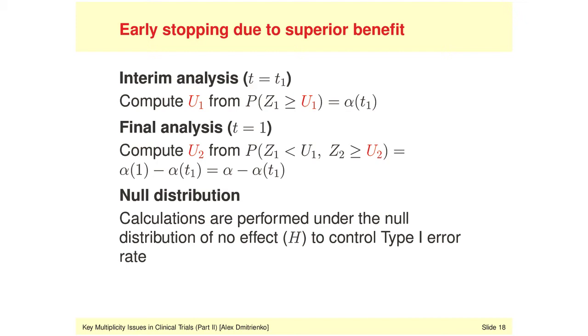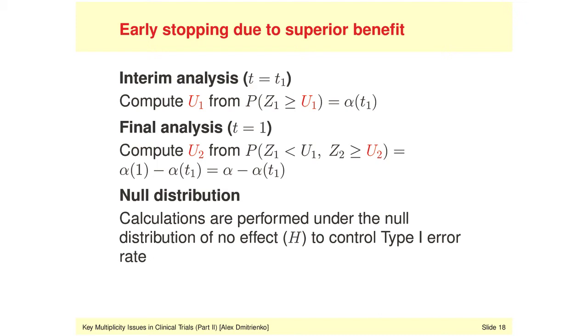Now that we have computed U1, the adjusted critical value for the test statistic at the interim analysis, we're now ready to proceed to the final analysis, in which case the information fraction will be set to 1, and compute U2, which is the adjusted critical value at the final analysis.